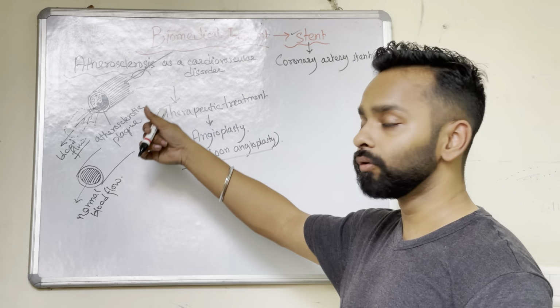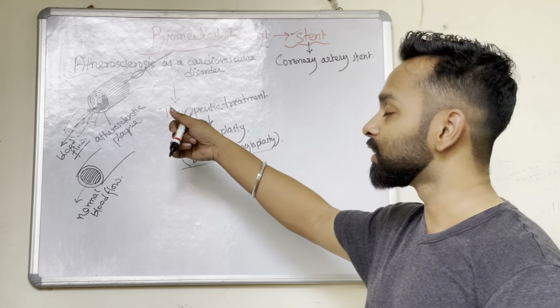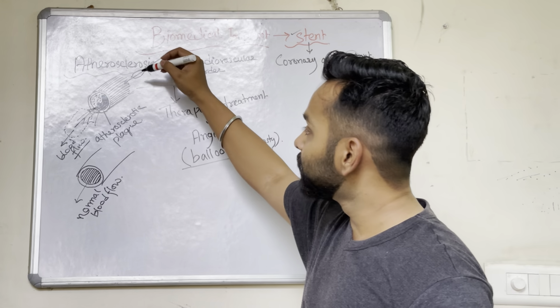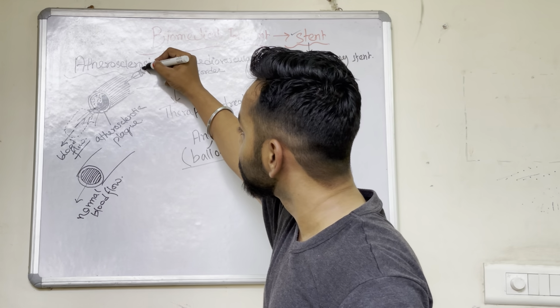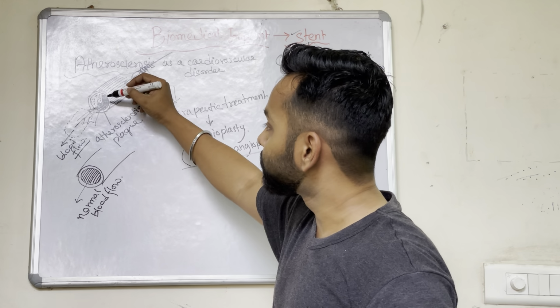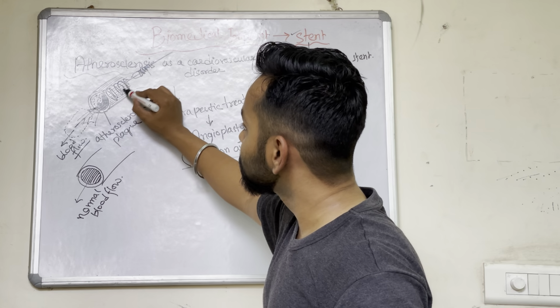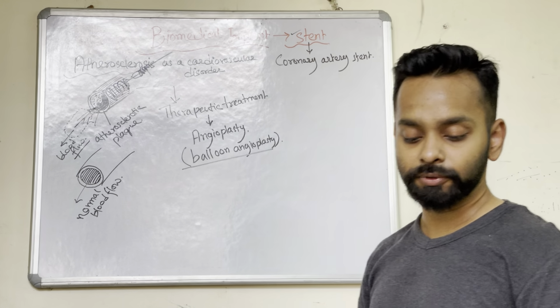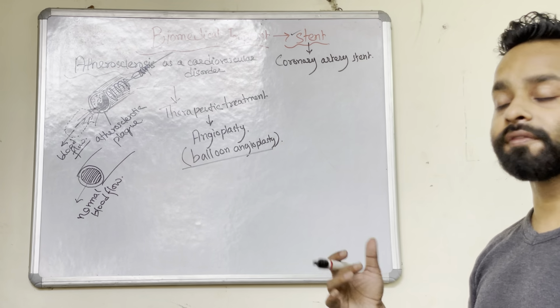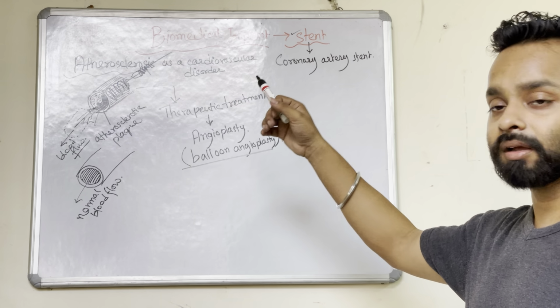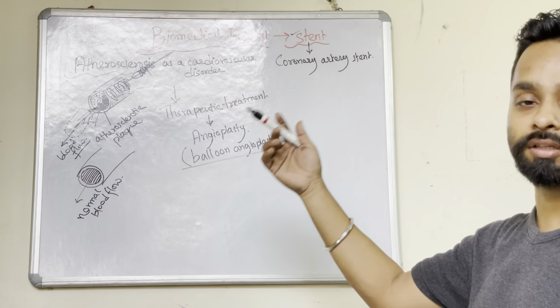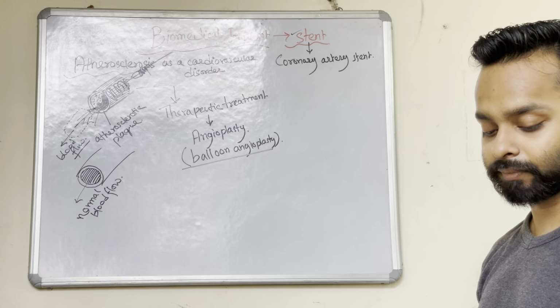After the balloon is withdrawn, the stent will be placed inside this occluded artery. This stent will prevent the collapse of the artery or further plaque formation in that particular artery.